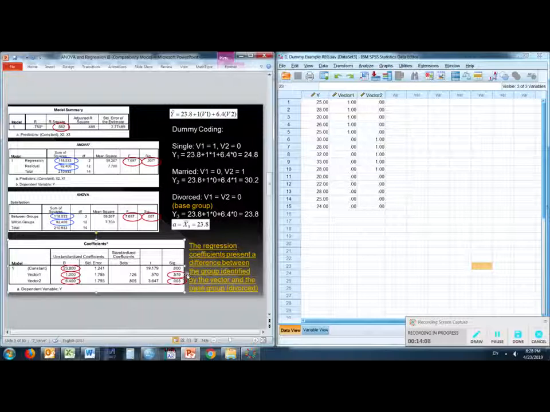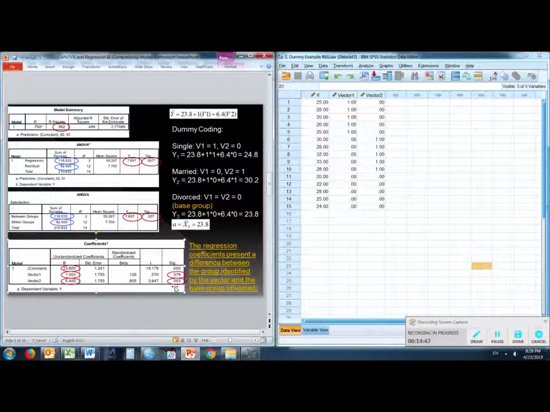What it means is that the single group is not significantly different from the divorced group in their life satisfaction. If you look at the married group, vector 2, the coefficient was 6.4 and it was significant. It means it is 6.4 higher than the divorced group. Therefore, the married group is significantly happier than the divorced group.